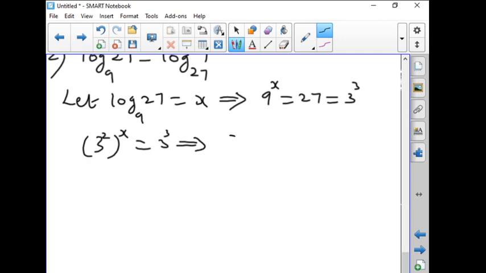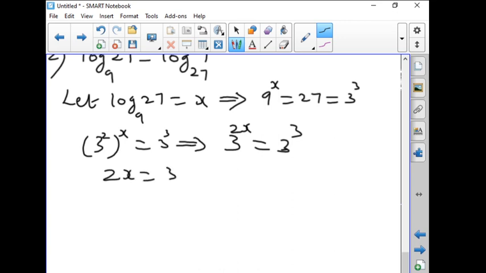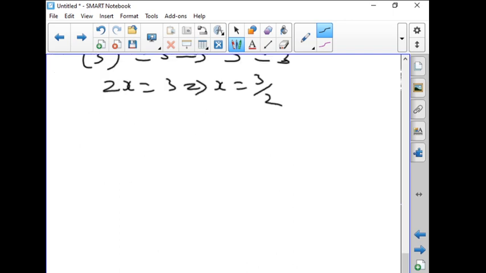So we can write this as 3 power 2x is equal to 3 cube. Now bases are equal, therefore the index is equal. So 2x is equal to 3. So which gives us x is equal to 3 by 2.